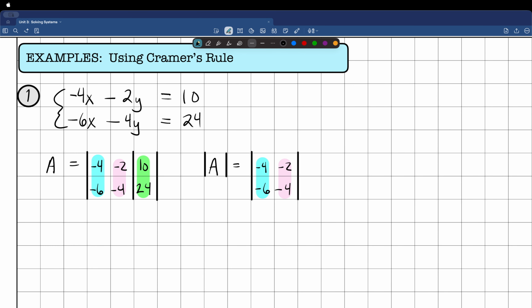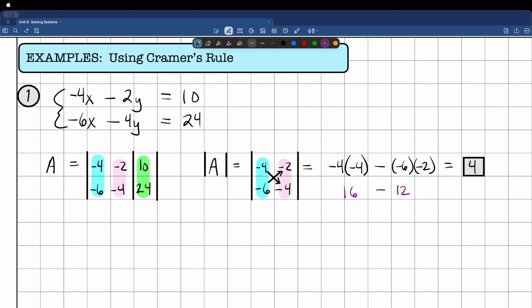Okay, so our first step is going to be taking negative 4 times negative 4. And then we're going to subtract negative 6 times negative 2. Okay, and then what this is going to give us is 16 minus 12. And so this gives us the determinant of 4. So the determinant of the coefficients is 4.